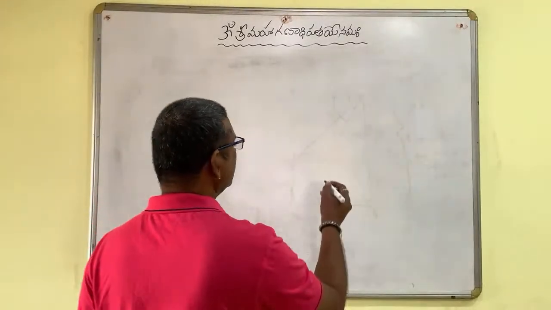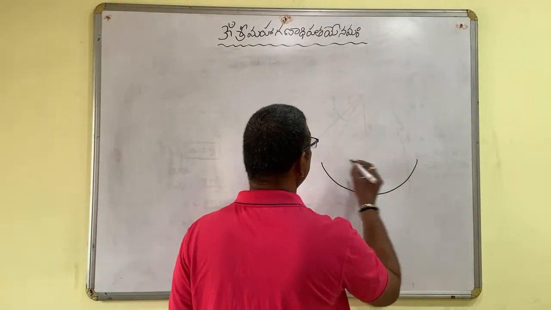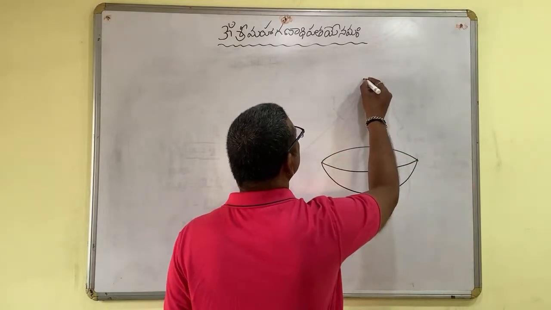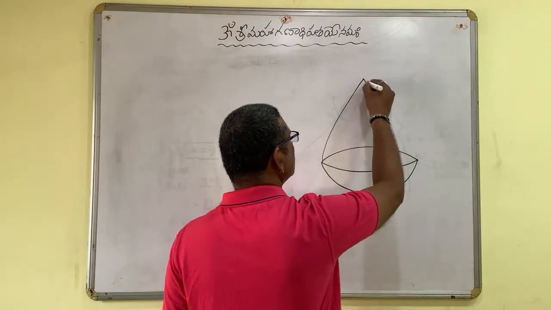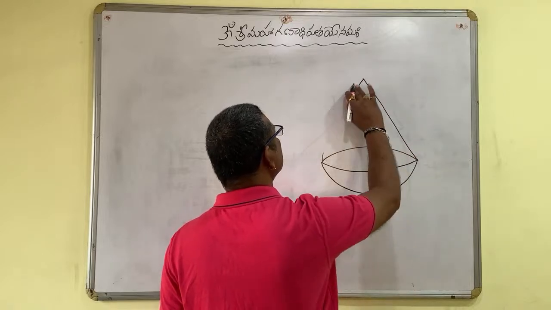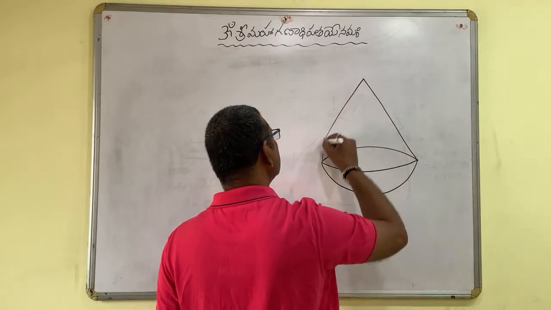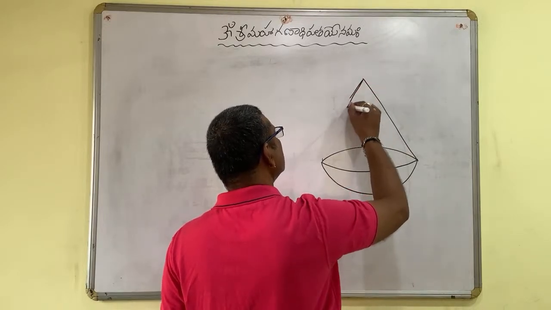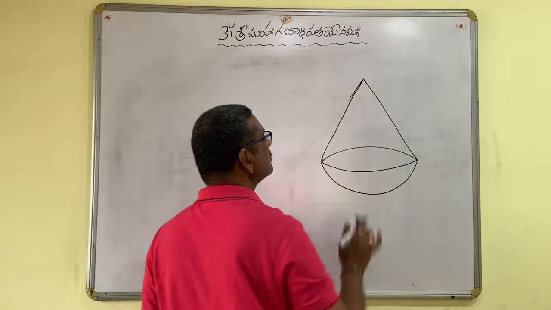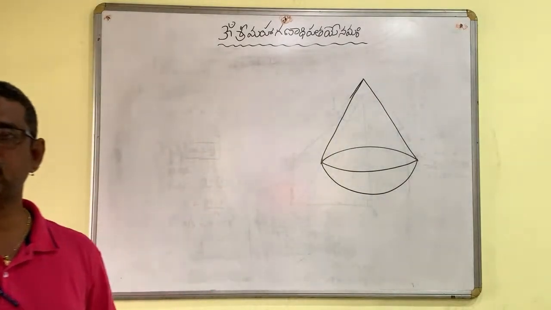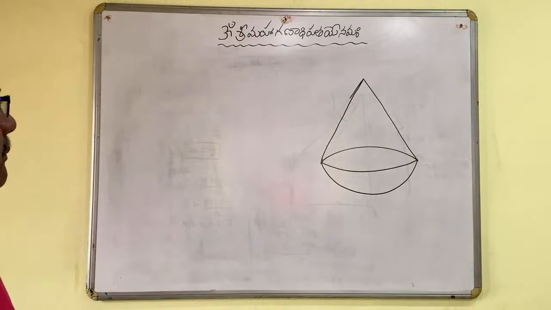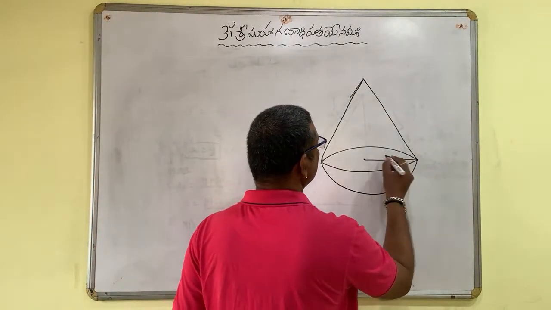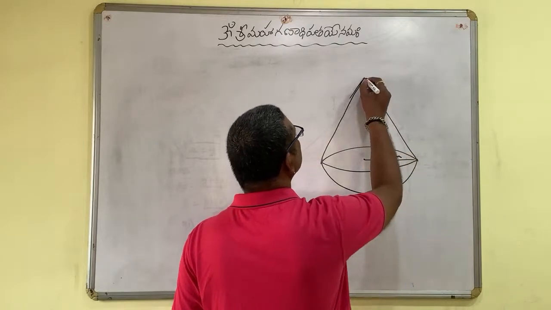Cone and hemisphere both are having same radius, which is 7 centimeters.